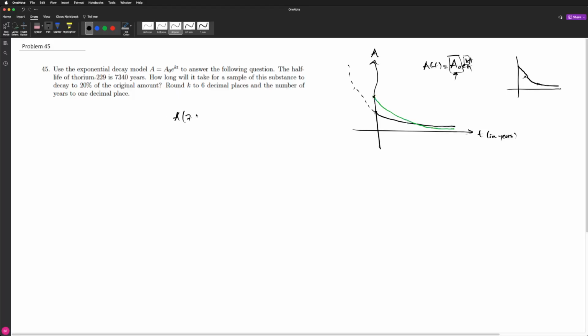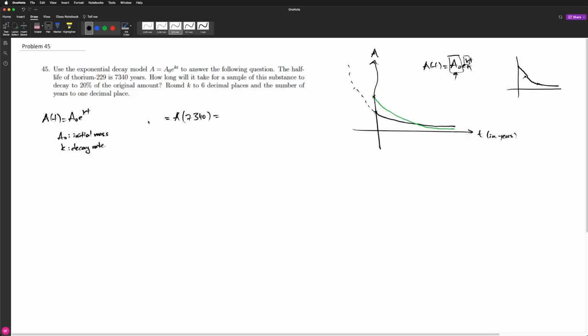In 7,340 years, on one hand, let me write my model, A equals A0 e to the kt, where A0 is the initial mass and k is the decay rate.